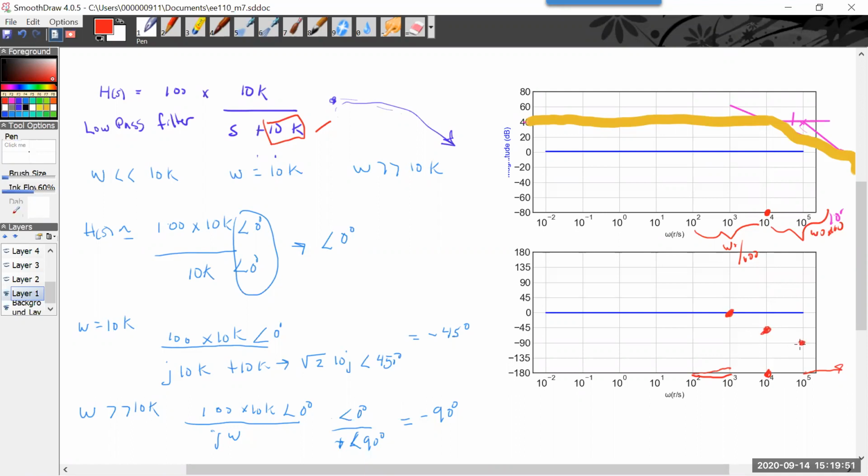And then above that, it's minus 90. Just let me finish and then I'll get back to any questions. Okay, and then this is the complete plot.